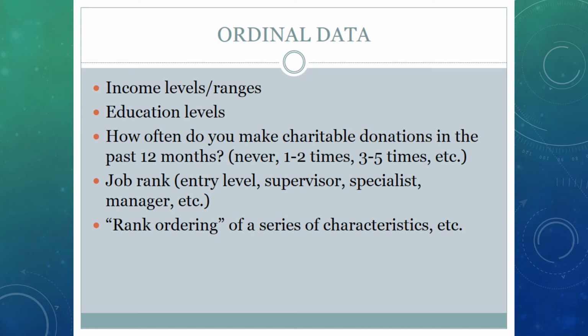So you could ask it as ordinal level data, saying from never to, you've probably seen these kind of questions, 1 to 2 times, 3 to 5, more than 5. It gives you information, but it's kind of weak information. Other examples of ordinal level data would be your rank in a company, which I give you examples here, or other kinds of things that you can rank order of characteristics. Though all of that is ordinal level data.